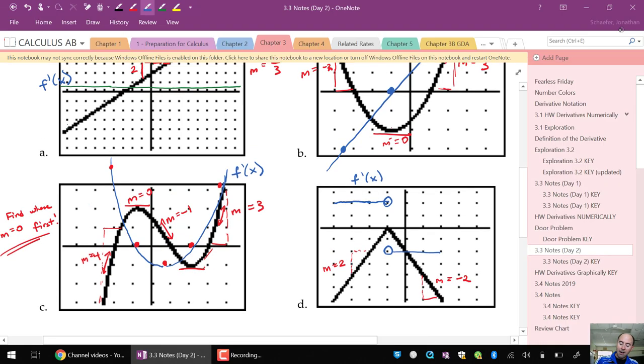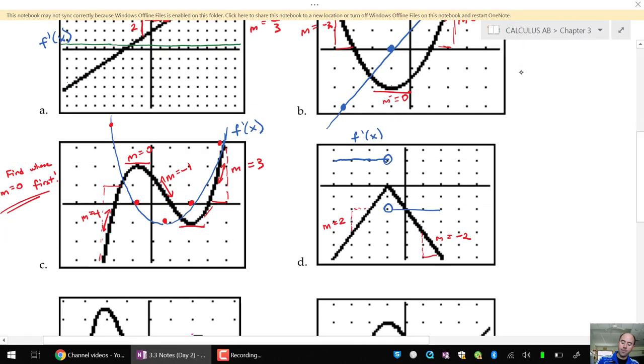And notice that I have a corner right here on my absolute value graph, a cusp, or sometimes it's called a corner. At cusps, the derivative does not exist. So there is no value for f prime here.